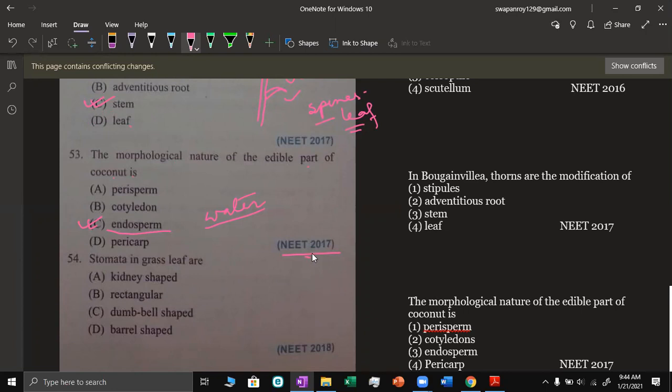During the formation of the endosperm, free nuclear division takes place and forms the watery part. The white fleshy structure is endosperm. Water is a liquid endosperm.